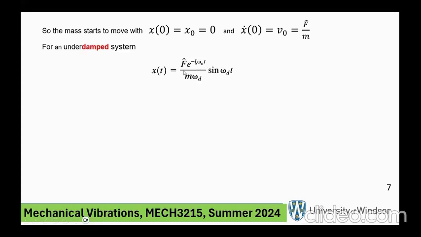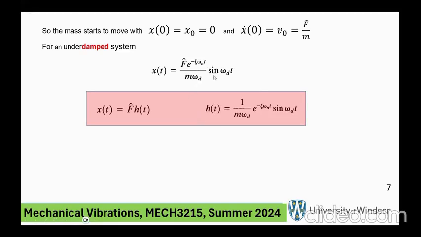And let me remind you what this f hat was. This f hat was the impulse due to that impulsive force. In other words, it was actually the integral from minus infinity to infinity of that impulsive force f of t dt. Okay?